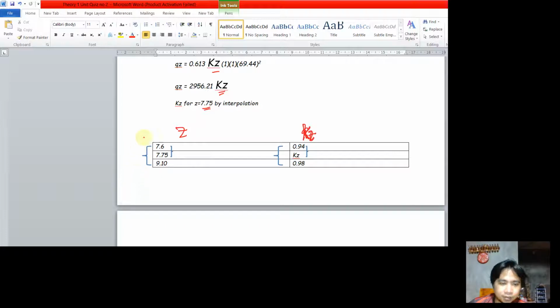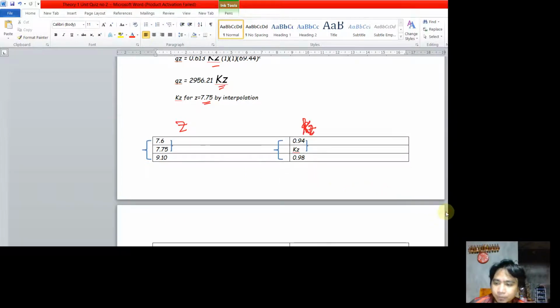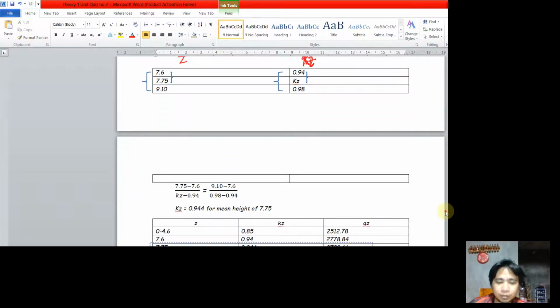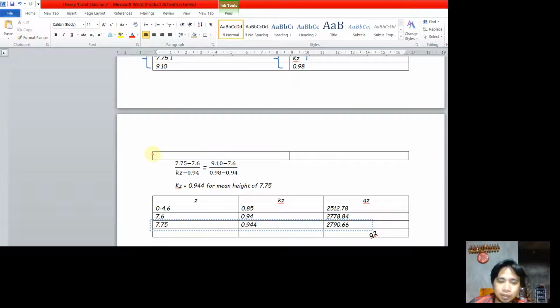And then the other side, Kz minus 0.94, this one. And then similarly, we just do it for the upper limits. So by manipulation, we have Kz of 0.944 for a mean height of 7.75.